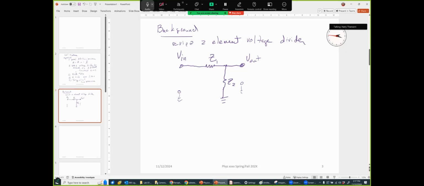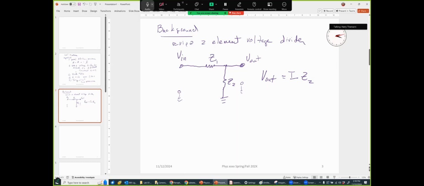So if you stare at this, you see that V out equals the current times Z2. Very simple, right? IR drop. Of course, things that look like the drawing is complicated, and now I'm telling you this very simple circuit.